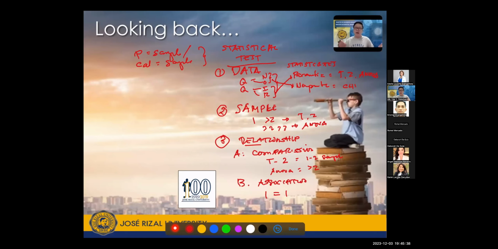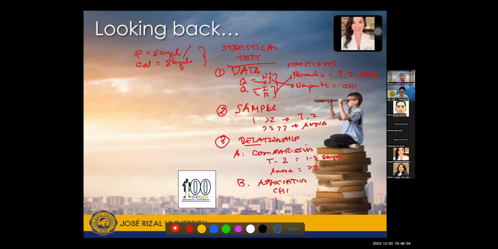Are they related? Are they associated with each other? If you are trying to elicit association, what will be the most common types of test that you're going to use? Chi-square. What else?